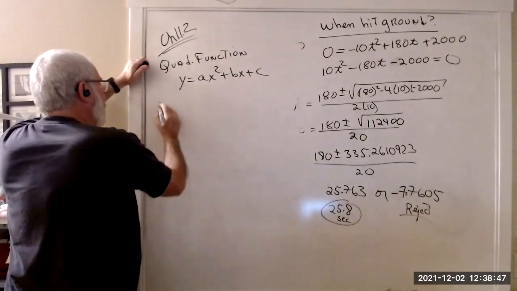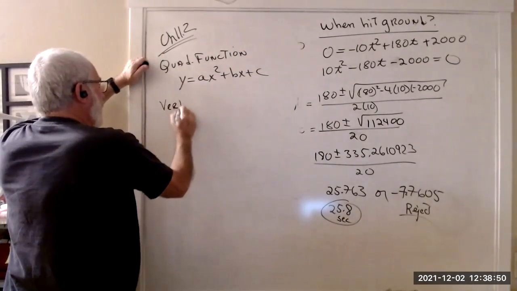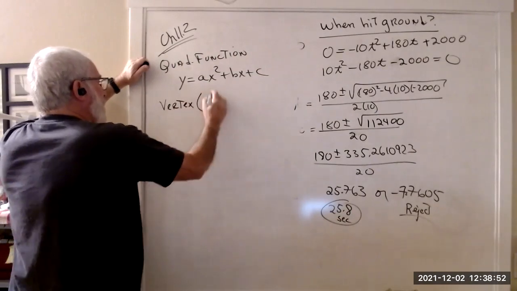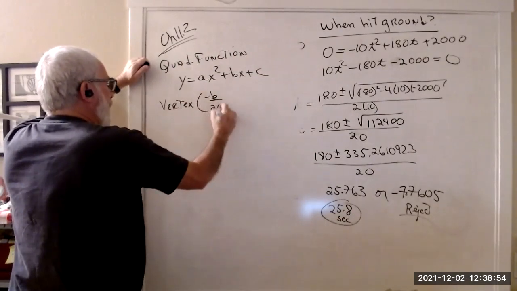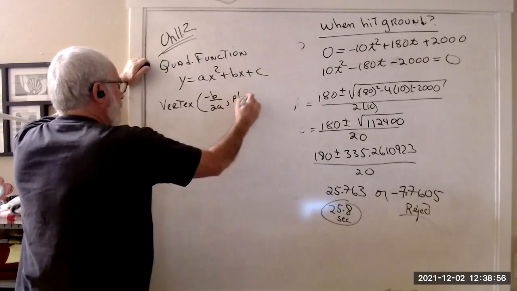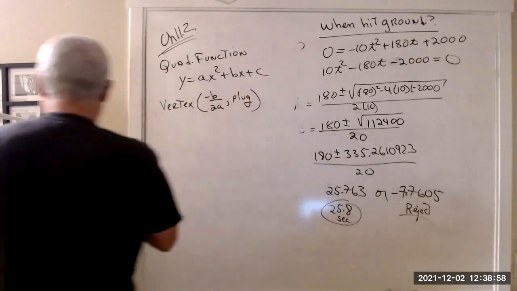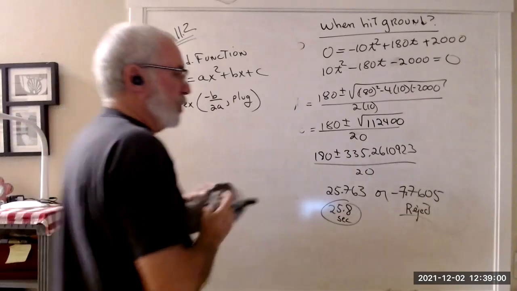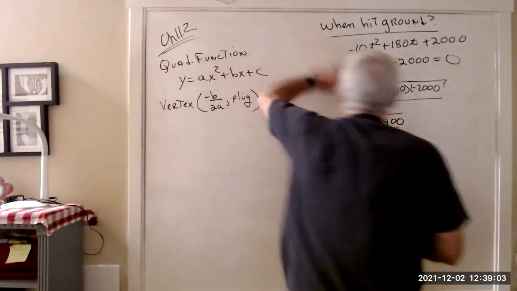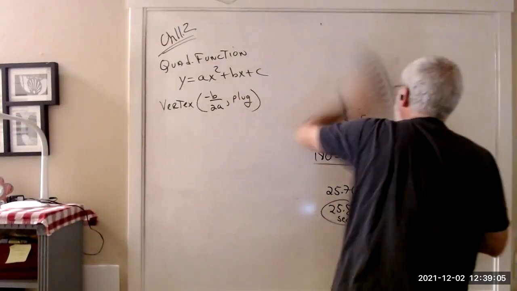And importantly, we talked about the vertex being negative b over 2a, comma, and then plug it in. Now, that's just something you have to know. That would be something I would make sure showed up on that 3x5 note card.